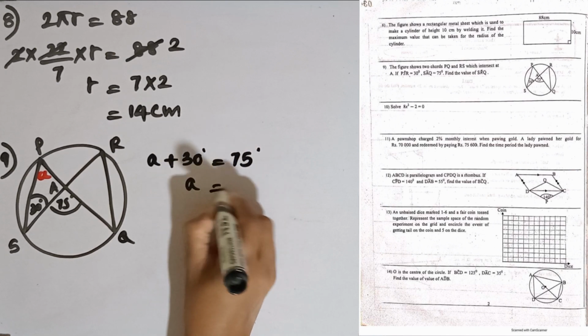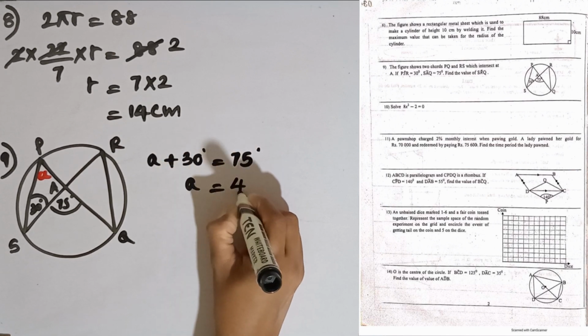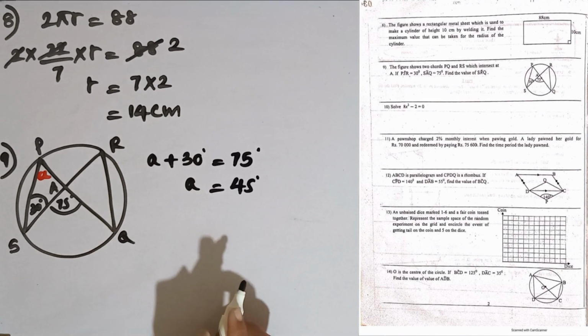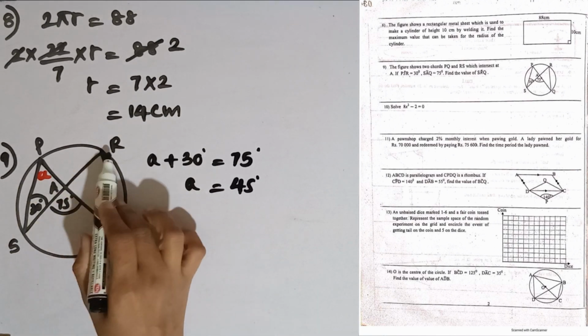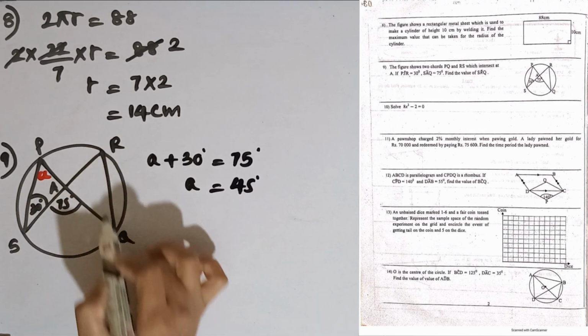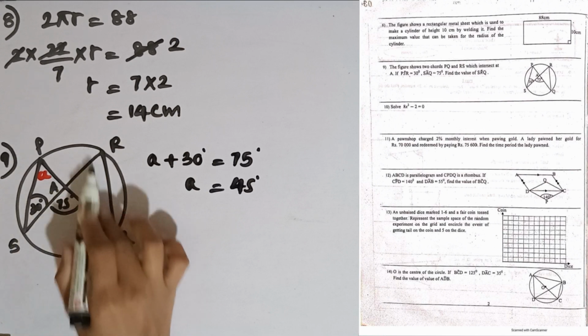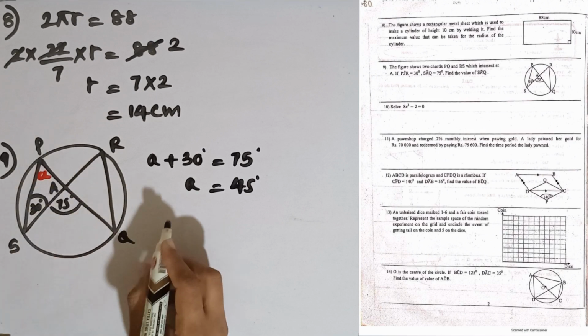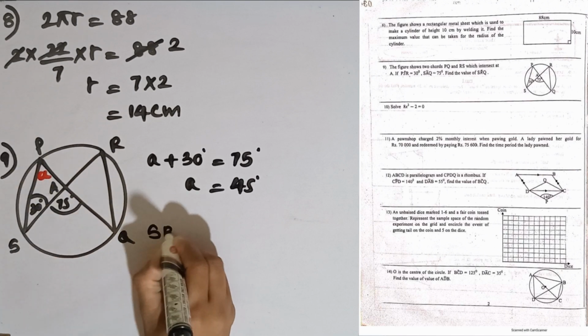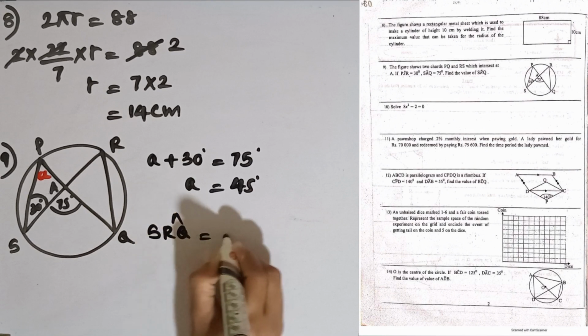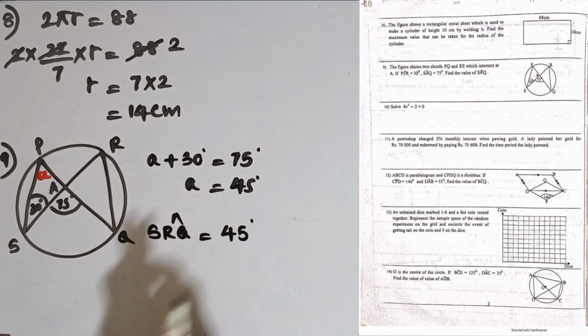Then A equals 75 minus 30 is 45. Then these two angles, SRQ angle and this A angle, are equal in magnitude, as these are angles in the same segment. So SRQ angle also equal to 45 degrees.